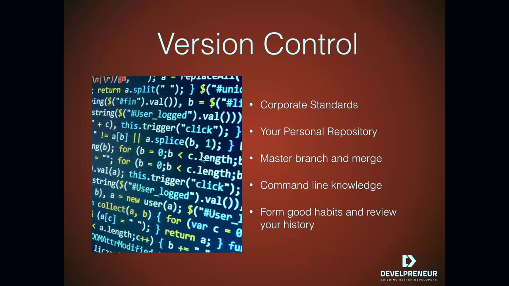Get used to doing things like branching and merging, and understand the command line for whatever that tool is. These things are what make you better as you get into mid-level and senior level development. When you're junior, you can get away with anything. Just go in, use the tools, you're done. But as you get further along, you're going to want a better idea of why that stuff works that way.